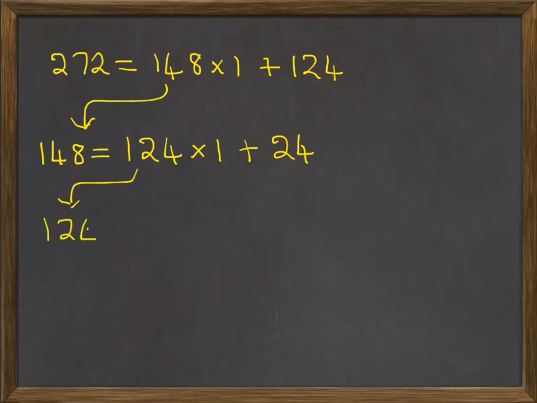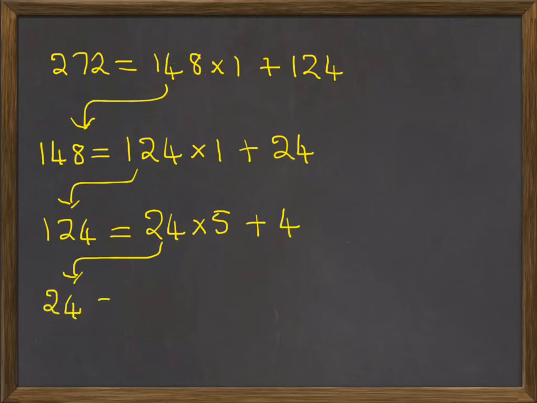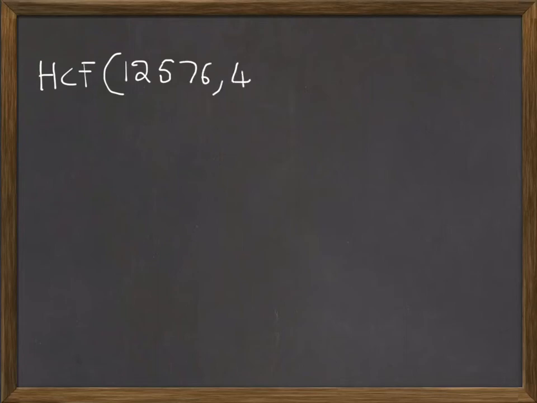Continue the process. 124 divided by 24, which will be 24 times 5, leaving a remainder of 4. And divide 24 by 4, which is 4 times 6, leaving a remainder of 0. Now since we have landed with the remainder 0, our highest common factor is 4. So the highest common factor of 12,576 and 4,052 is 4.